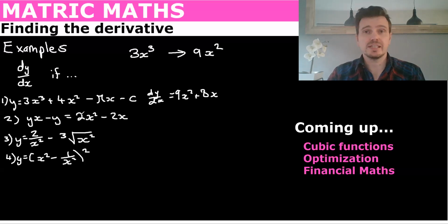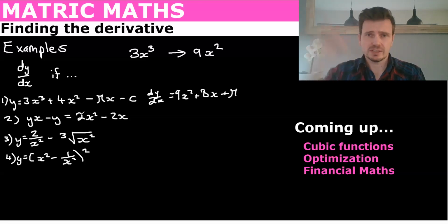So if you see e x or pi x, those pi and e are just the same as a straight number. So we would just say plus pi, because if x only has an exponent of 1, then the derivative is just whatever is sitting with x. And then finally, c does not have an x, so that'll just fall away and become 0. So that's the first one.